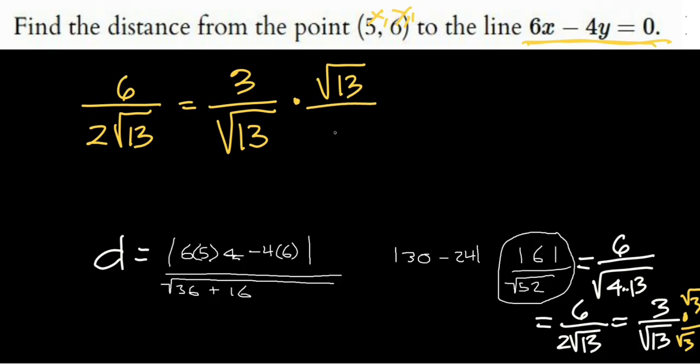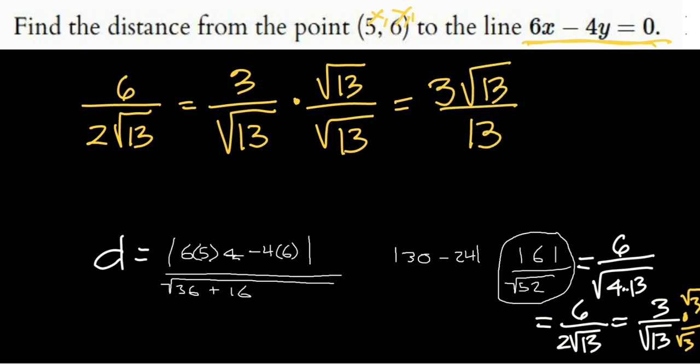We multiply both the numerator and denominator by square root of 13. Then this would become 3 square root of 13 over 13. So this is the final answer. Therefore, the distance from point (5, 6) to the line 6x minus 4y equals 0 is 3 square root of 13 over 13 units.